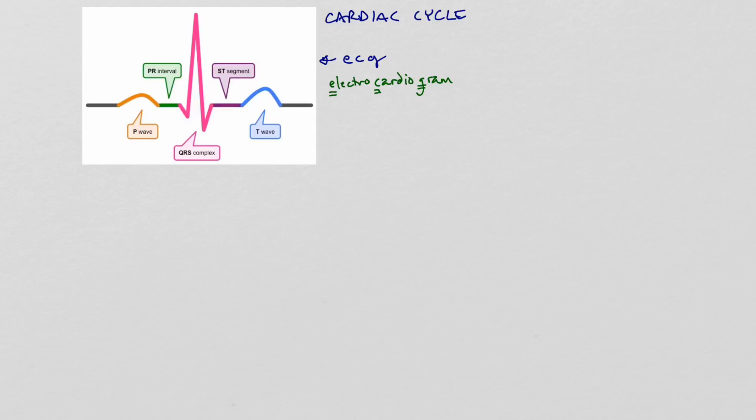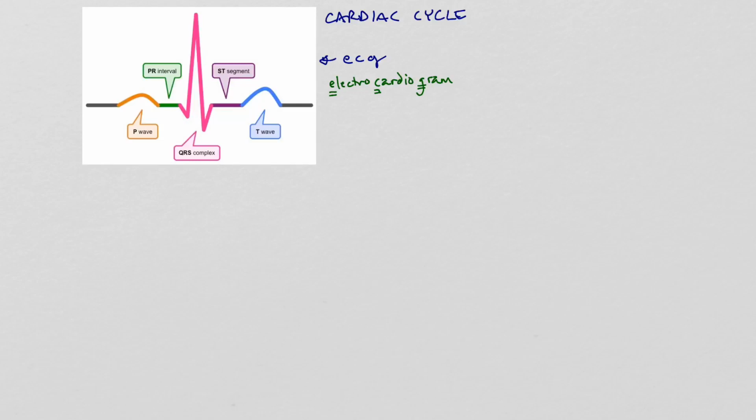We've got our P wave, which comes first, a PR interval, because it's in between the P and the R. I don't know why they leave out the Q, but that's cool, whatever. And then we have this thing called a QRS complex. A complex is just when multiple things work together in something. Like if you live in an apartment complex, it's a bunch of different apartments all working together.